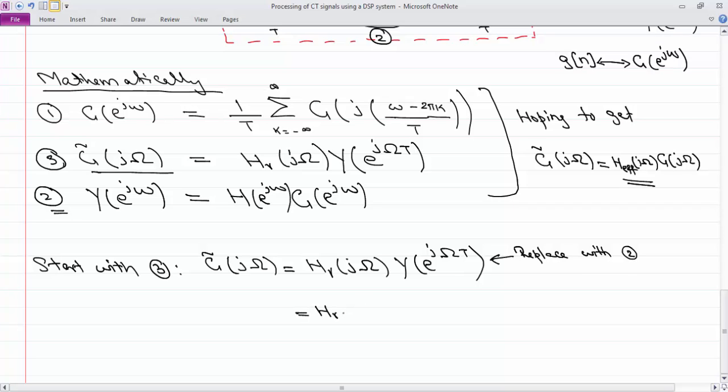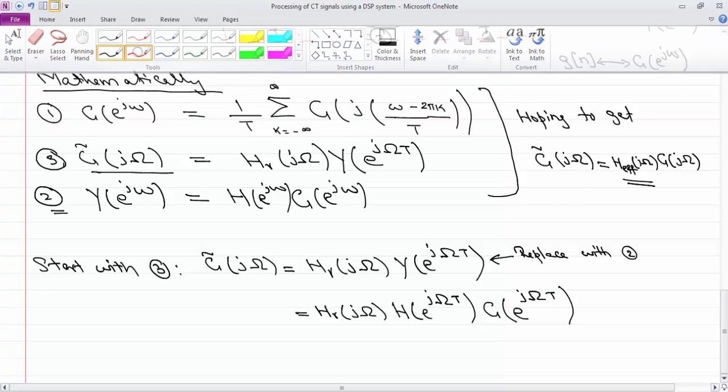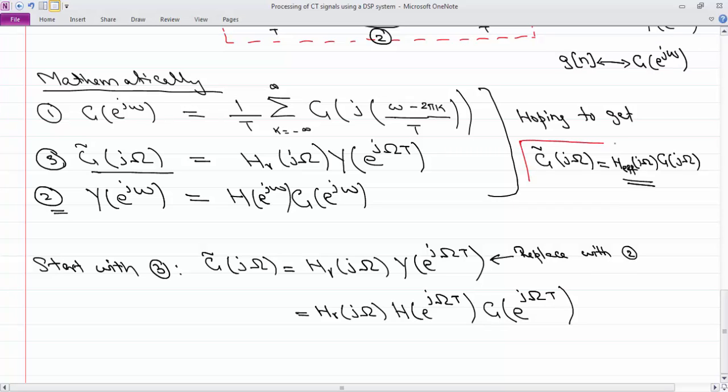So I get Hr j omega times, now everywhere I have little omega, I replace that by capital omega T. H of e to the j capital omega T, G of e to the j capital omega T. We still don't have the expression we want. We want our output frequencies to be some multiple of our input frequencies. So I still don't see my input frequencies in this expression. So what do I do here?